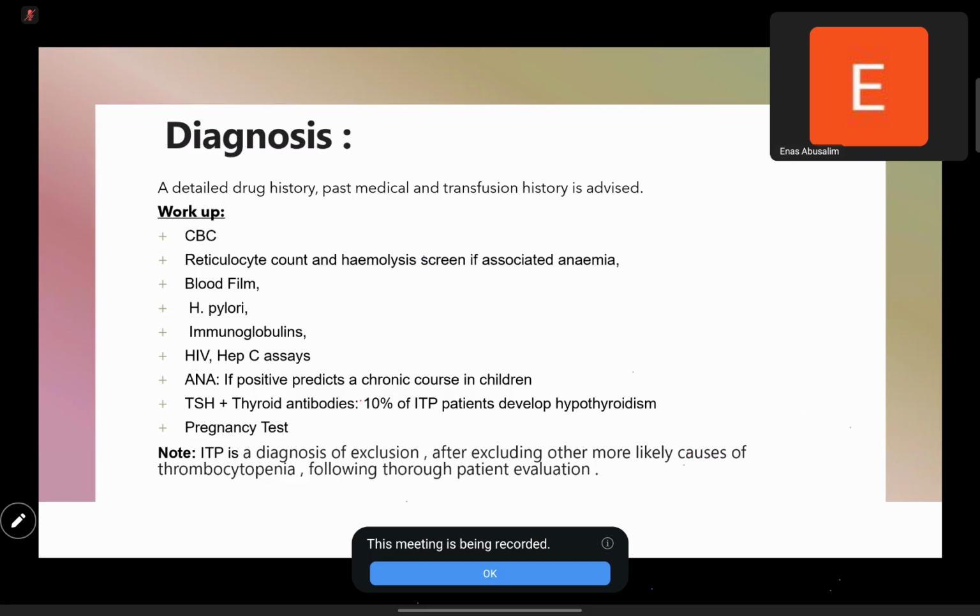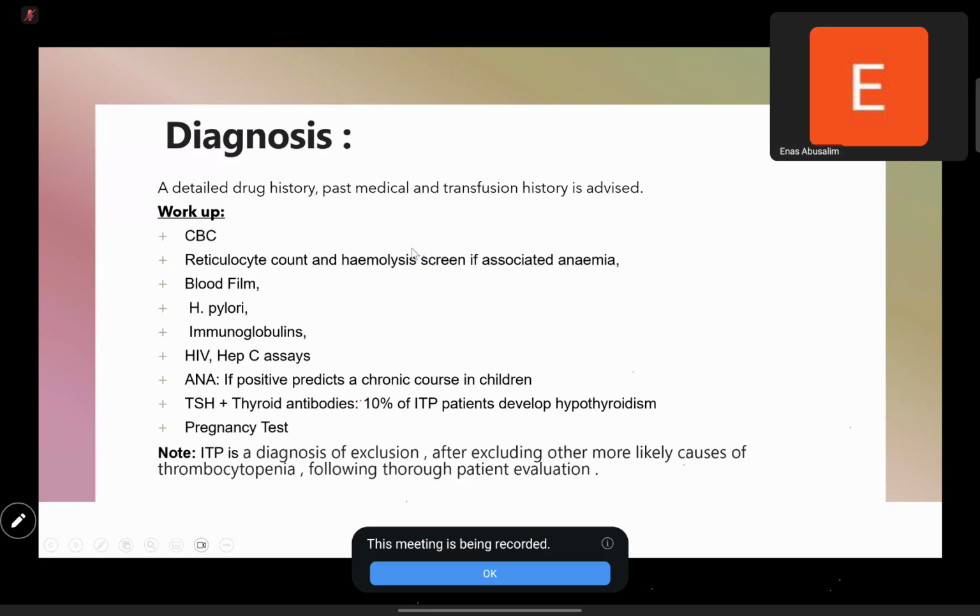Okay, so what do you do for any patient that might present with mucocutaneous bleeding, like we said? CBC. The point of the CBC is to see if it's an isolated thrombocytopenia versus anemia and thrombocytopenia or pancytopenia.